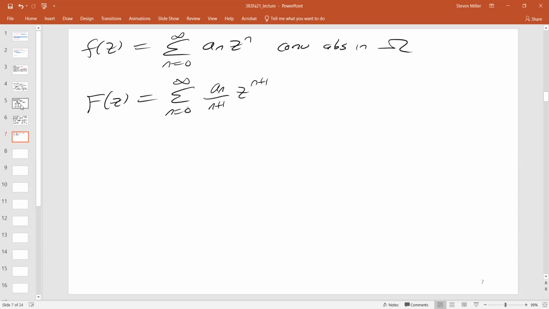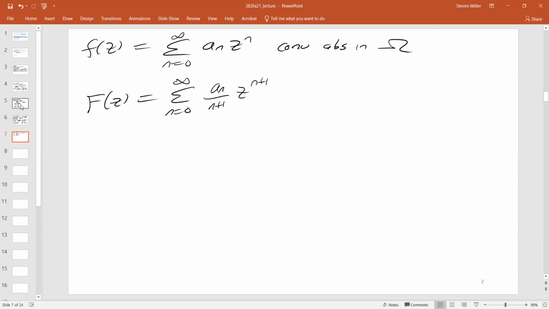Is it hard to prove that this converges? Why not? It has the same radius of convergence. What makes this a really easy calculation? Well, we don't know.